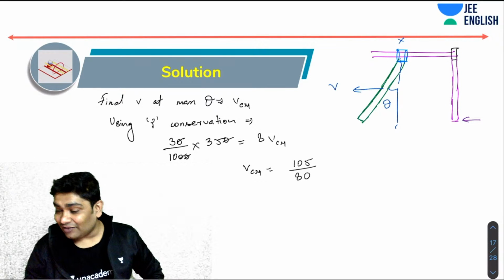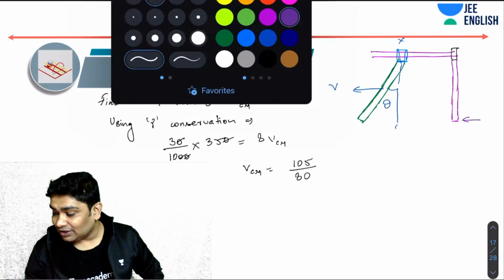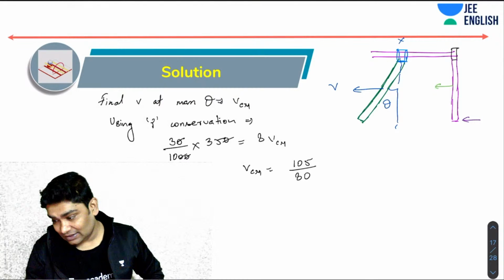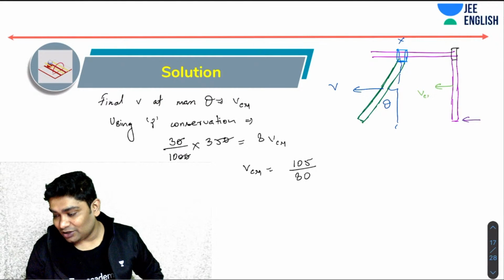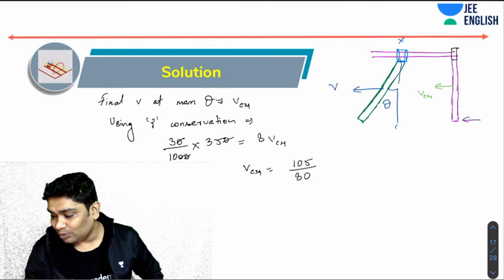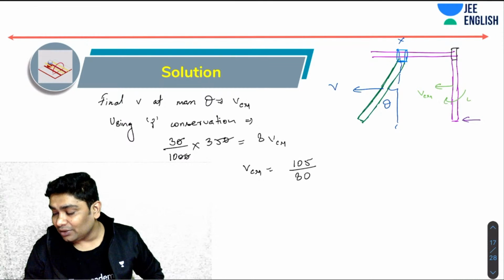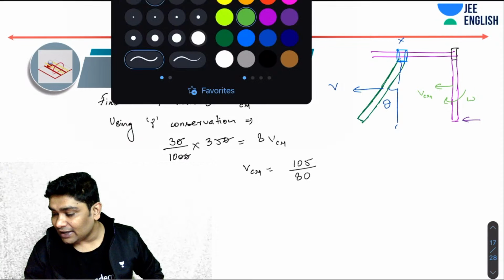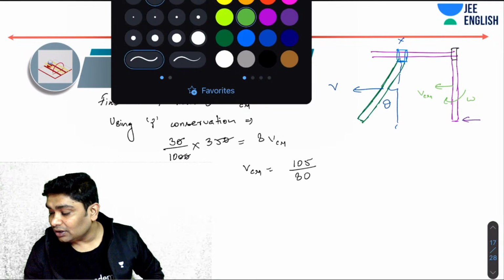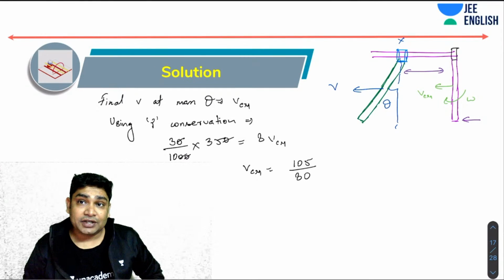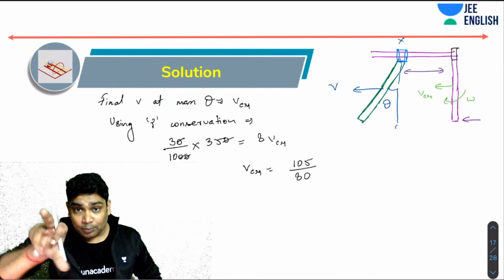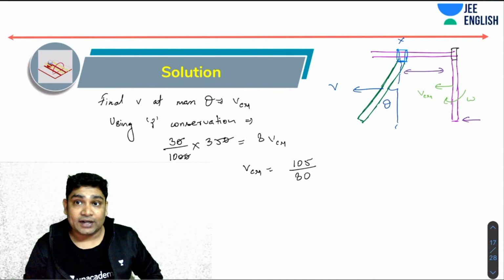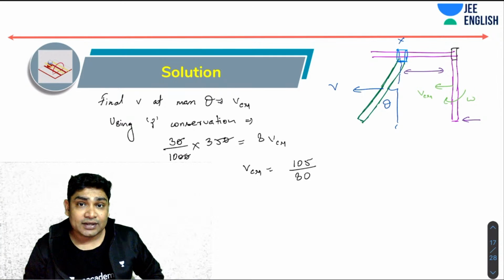Even just after the collision, it will start moving with VCM that will never change during the course of motion, and it will have some omega. So from here to here, the rotational kinetic energy will go into the potential energy that it gains while it rotates, and the translatory kinetic energy would have remained just like that.